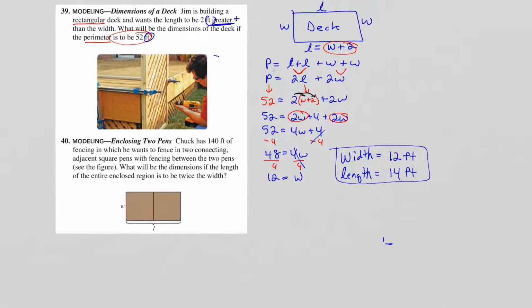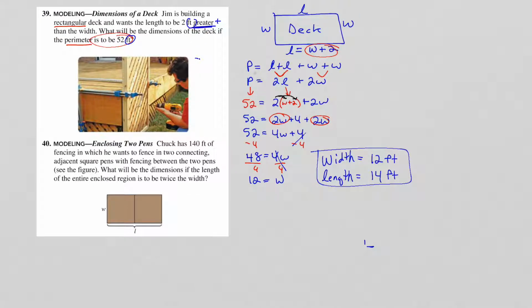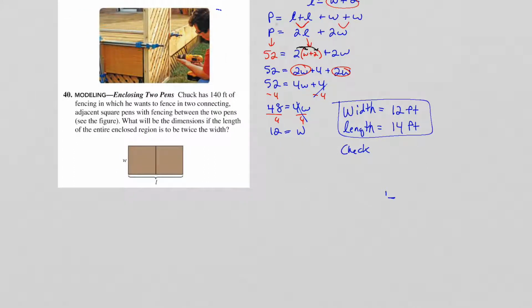Now we can actually check this out to see if it works. But you don't have to check. So we can say, okay, if I insert my 2 answers, am I going to get 52?